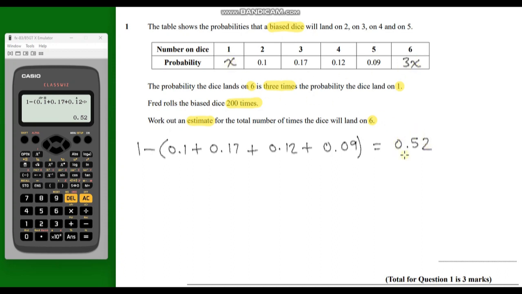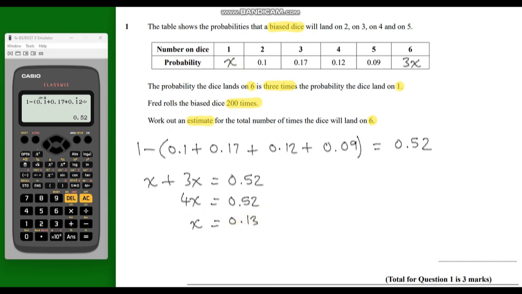And we know they sum to 0.52, so we can just write down an equation for this. So x plus 3x equals 0.52. If we just simplify this, that means that 4x is equal to 0.52. And divide both sides by 4, we get x is equal to 0.13.